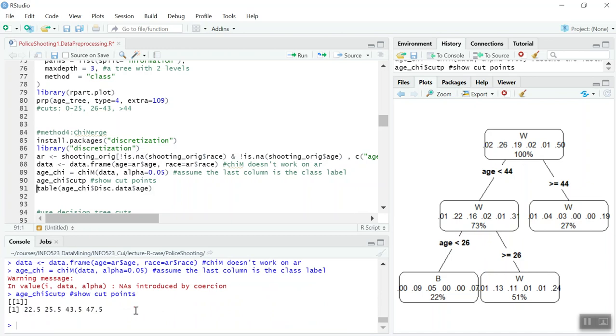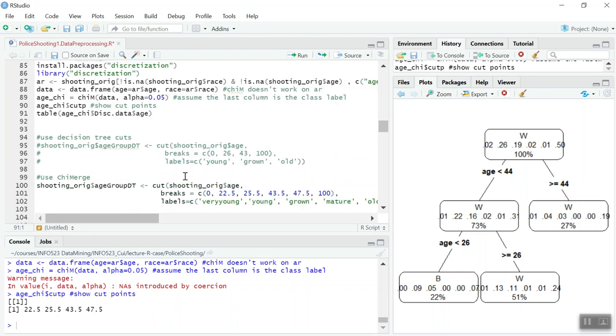So what we see here is chi-merge gave us a more detailed cutting. It's roughly mapped to 26 and 44, but it has an additional cutting point between 44 and 47, and under 22.5 there is another cutting point. So we now start to see there is some commonality with the discretization result.